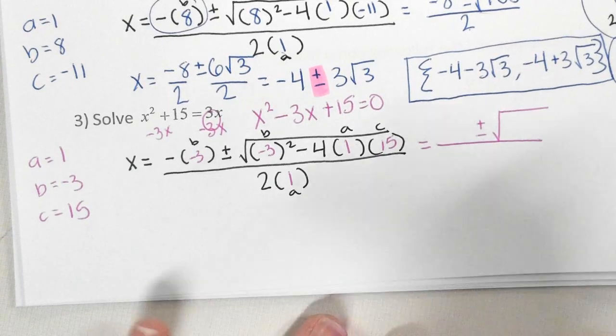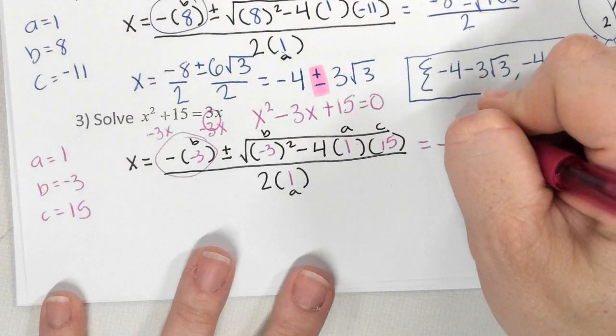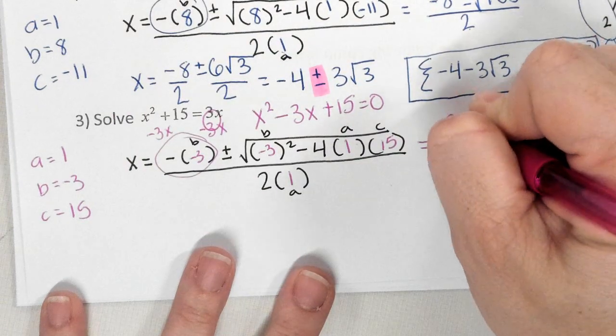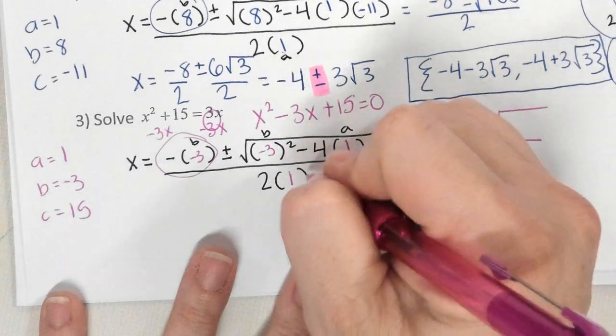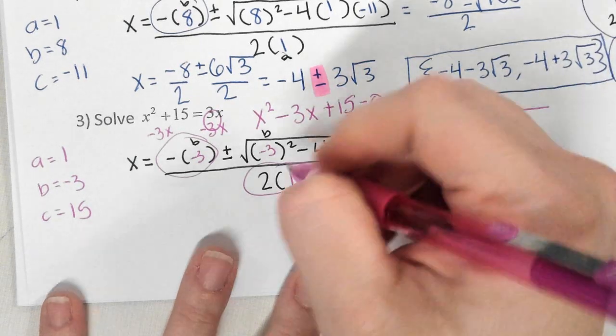And we simplify our 3 pieces. So what does that become, Mauricio? Positive 3. 2 negatives makes positive. What does this become? 2 times 1 is 2. And then just what's under the house.